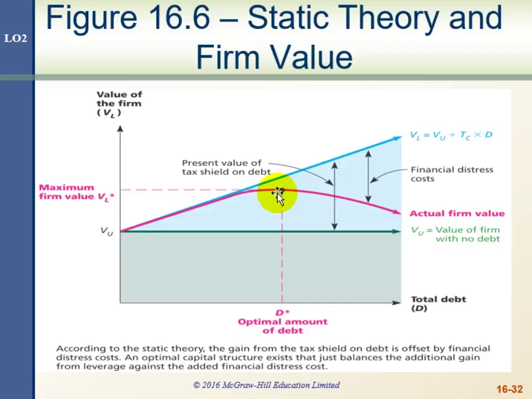As a result, the value of the firm is not going to uniformly be equal to the unlevered firm plus the corporate tax rate times the amount of the debt, because the required return on the debt would actually go up. So the present value of the tax shield on debt would be diminished by the fact that there are financial distress costs in addition to the cost of debt.